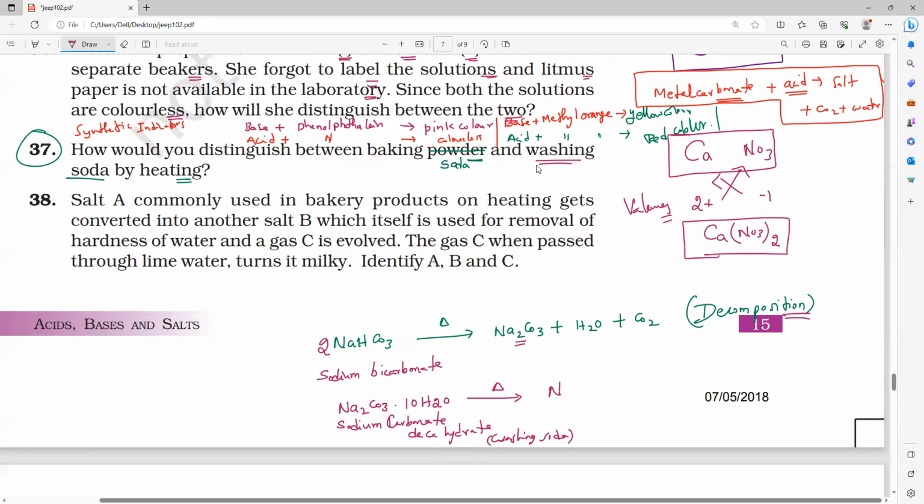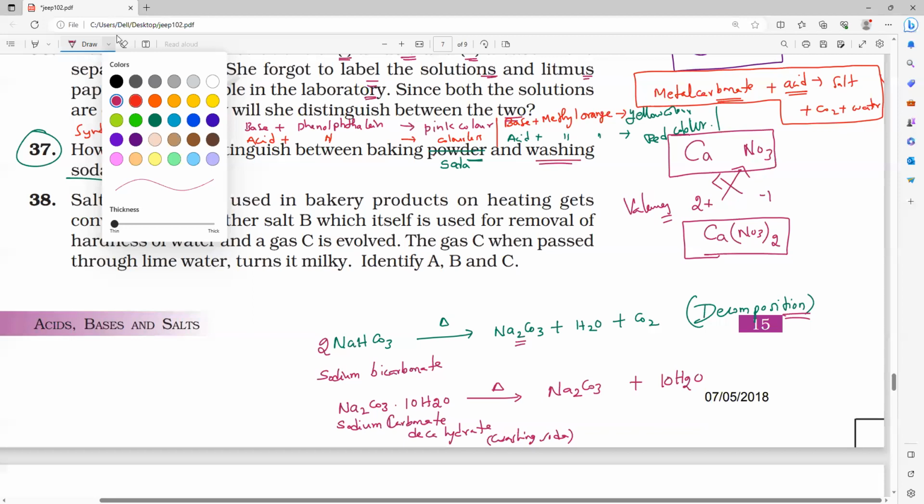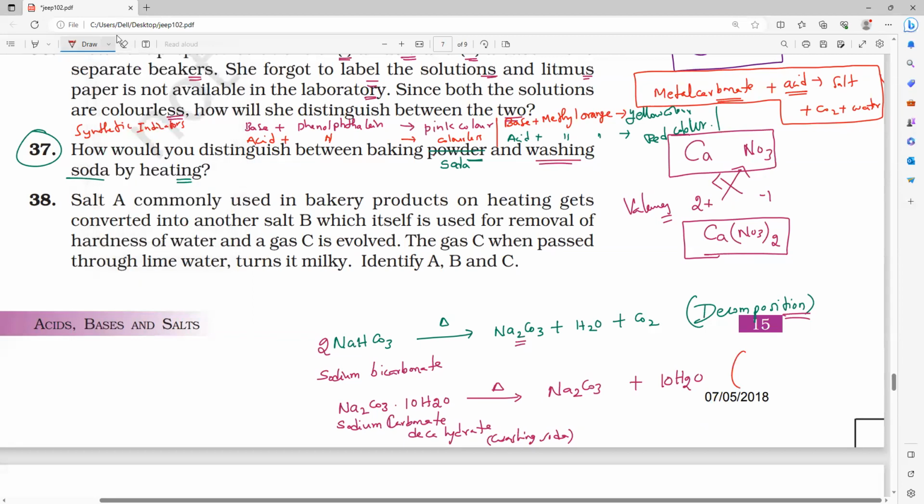We get sodium carbonate plus 10H2O. So we are removing the water. Removal of water we call, please remember, dehydration. Understand, Mr. Harish? All of you, please make sure you know that.